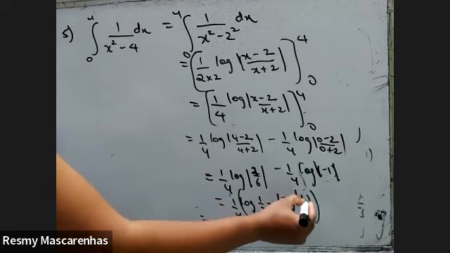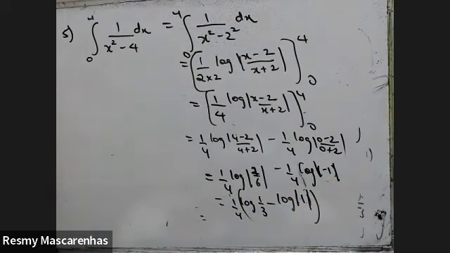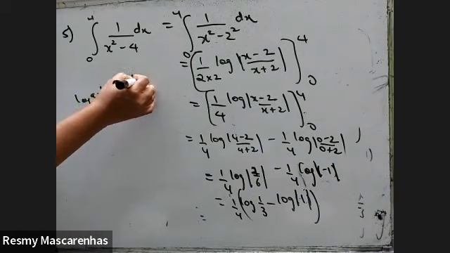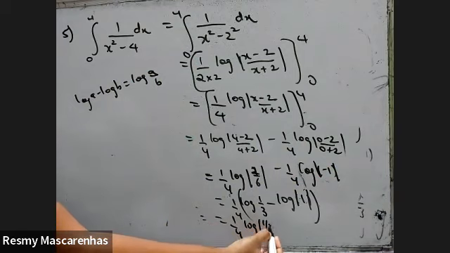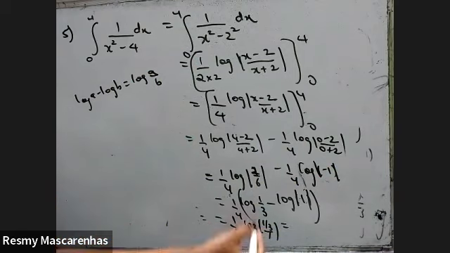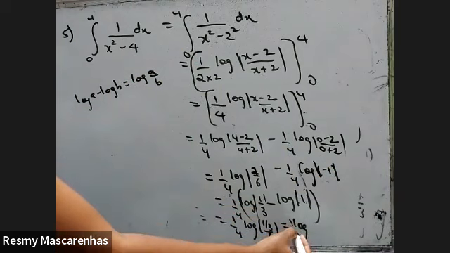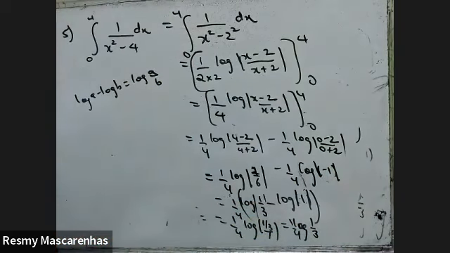So negative you can take as positive. Modulus sign, so any negative number you get, because log of a negative number does not exist, we have to make it positive. And you know that log a minus log b is log of a upon b. It will be 1 by 4 log of 1 by 3 upon 1. Anyways, it will be 1 by 4 log of 1 by 3. Answer is 1 by 4 log of 1 by 3.